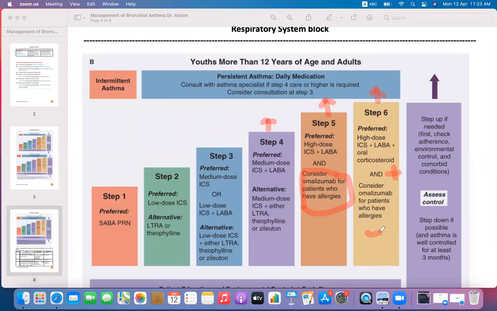The difference of medications from the previous age groups, 0 to 4 and 4 to 11, is the addition of theophylline, zileuton, and omalizumab. These three medications are not available in the protocol of 0 to 4-year-old children for the management of persistent asthma.